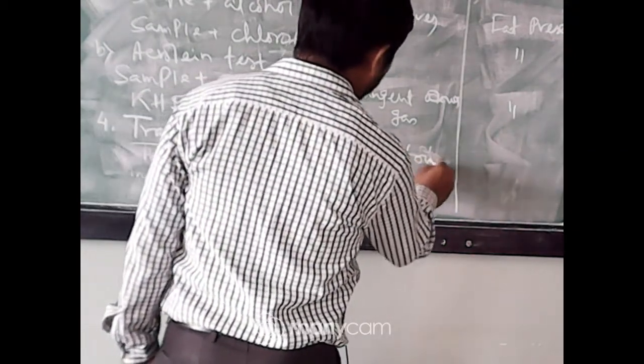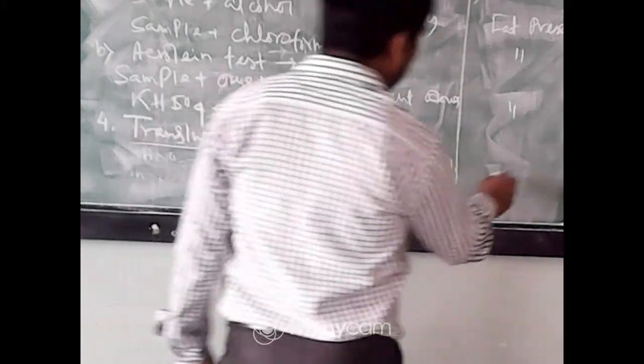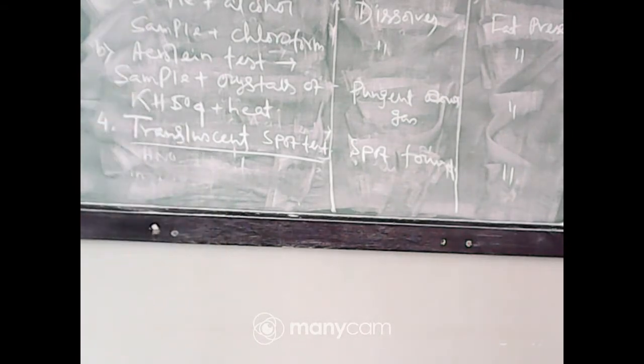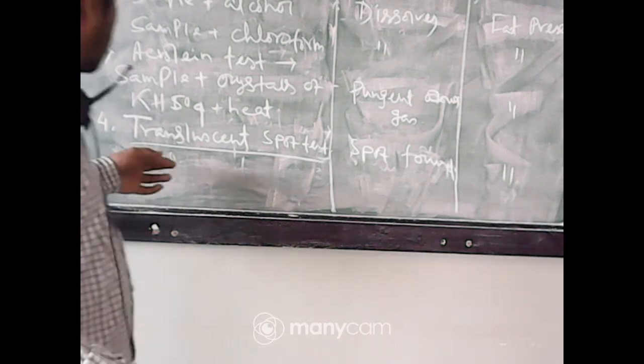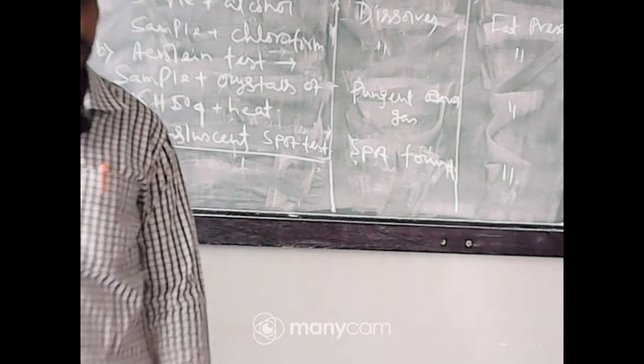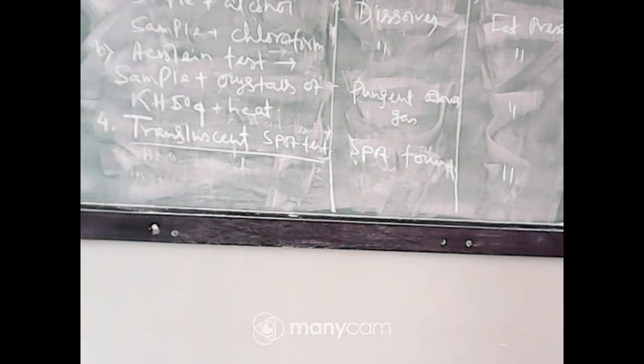Spot found, the inference is the same. I do not need to elaborate how the experiment is performed. Spot found, fat is present. Clear? So that's all about the experiments under fat.